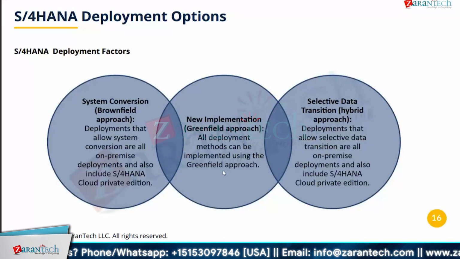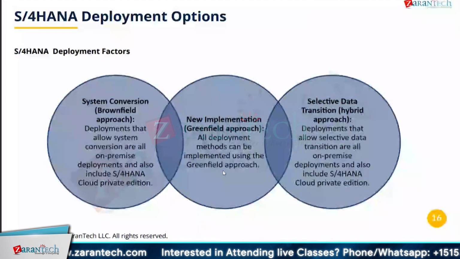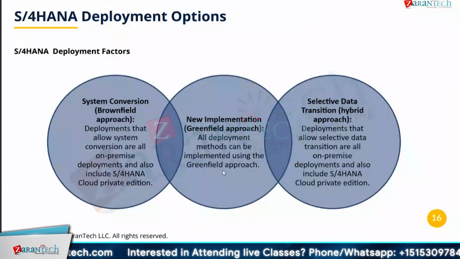If we talk about security, the T codes we have, the Fiori apps: if ECC was implemented with Fiori, and the Fiori apps are supported in S4HANA, they will move. That analysis needs to go in, which we will see in later slides or later PPTs: how you do that analysis for brownfield, what is S4HANA compatible, and what you will need to get away with because it is no longer supported in S4HANA.